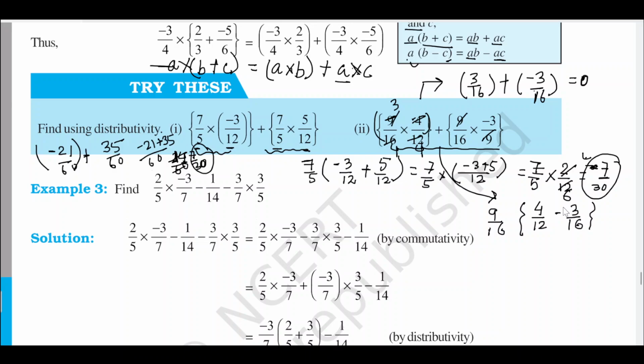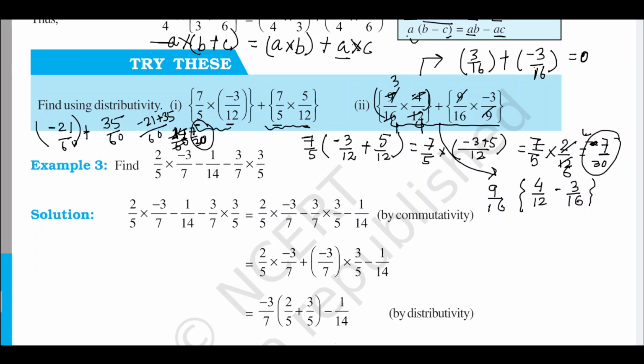Something is going to be wrong. Okay, let's erase it and solve it again.